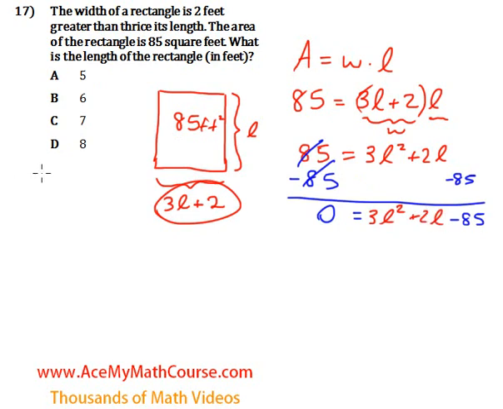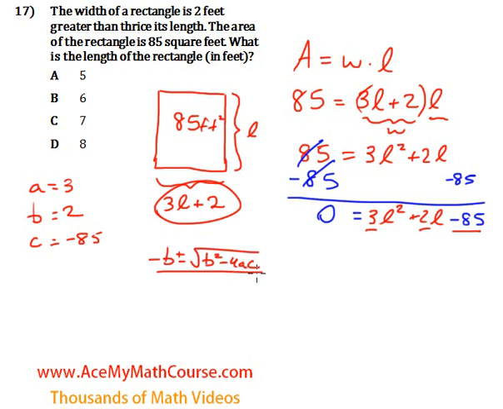Okay, now at this point, we can use the quadratic formula to solve for L. So we have A, B, and C. A is 3, B is 2, and C is negative 85. Okay, so let's plug everything into the quadratic formula.